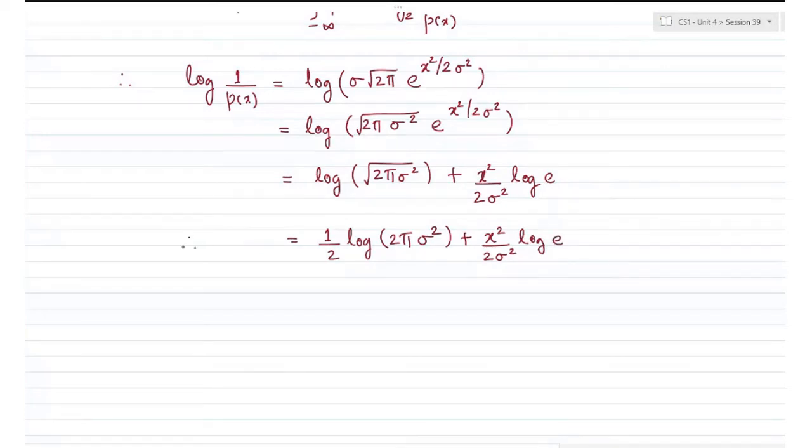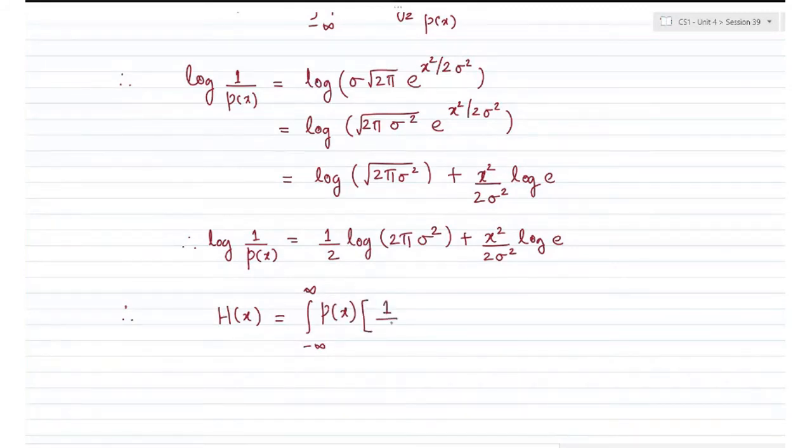So this is one of the terms in the entropy, log 1 over p of x. Therefore, h of x is the integration from minus infinity to infinity of p of x times log of 1 over p of x, which we have just written as half log 2 pi sigma square plus x square over 2 sigma square log e.